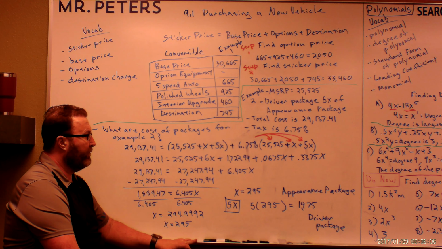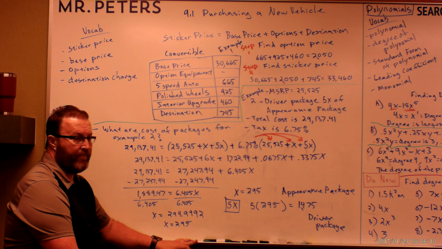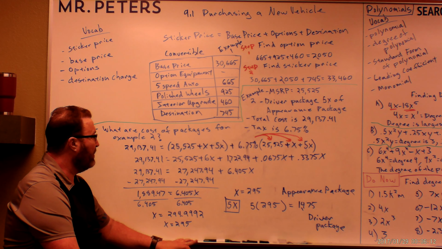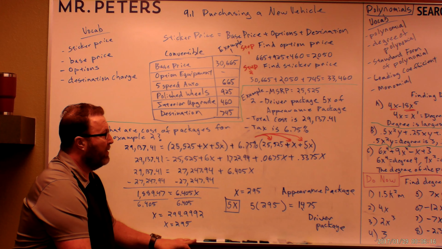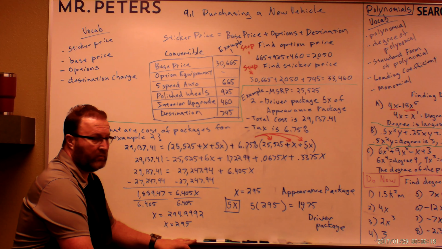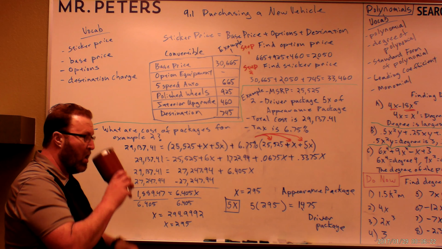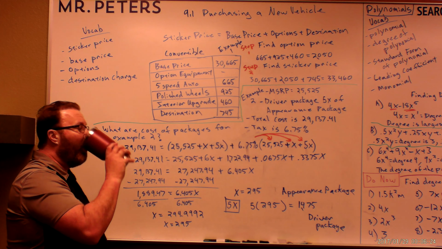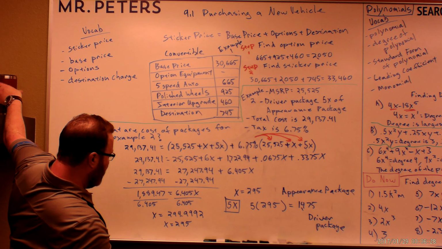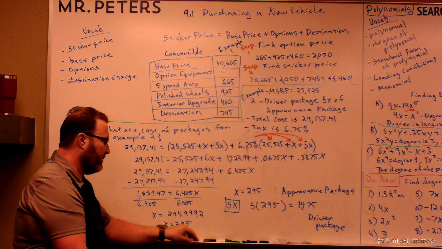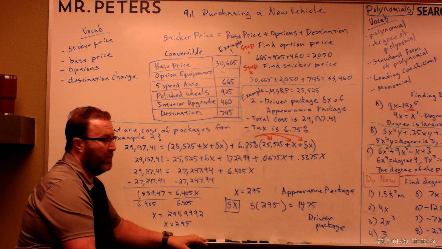Anna and Luke are purchasing a new sport utility vehicle with a MSRP of $25,525, including delivery, purchasing and handling fee. The driver's convention package, which includes mounted radio control, power seats, costs 5 times the amount of the appearance package, which includes the body side molding and chrome inserts.